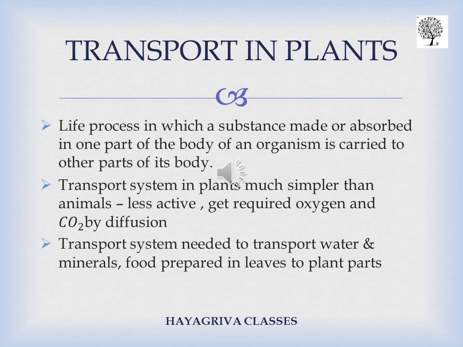So now if we take transport in plants, like I told you, this transport also is a life process, because without that the plant or animal cannot survive. So the life process in which a substance made or absorbed in one part of the body of an organism is carried to different parts of the body, that is what is meant by transport.